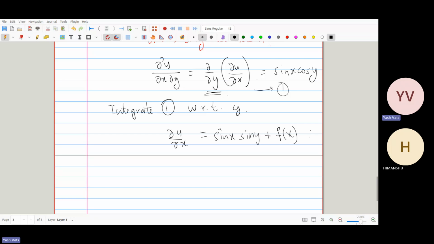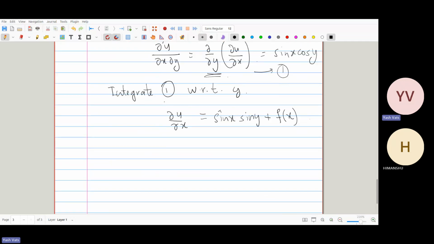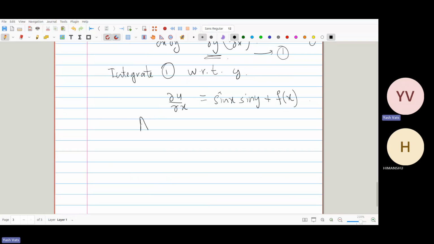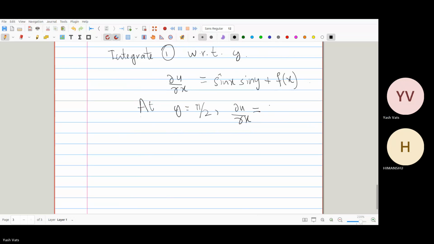We do have a condition which says that del u over del x is 2x at y equal to pi by 2. So we use this. At y equal to pi by 2, del u over del x is just 2x. So substitute it here. So you get 2x is equal to sine x plus f(x).